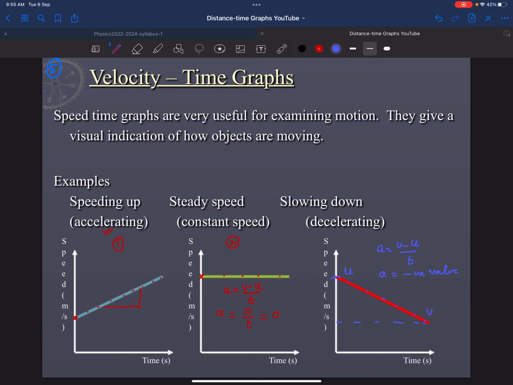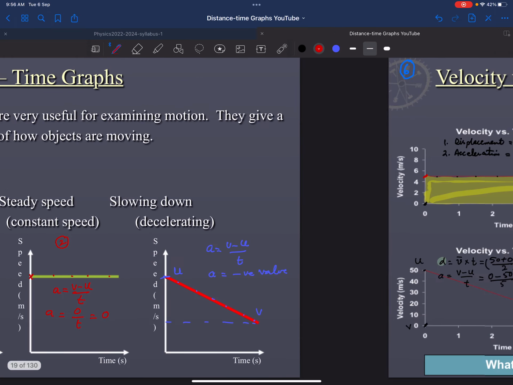You can understand these graphs very easily, but you have to remember that gradient is nothing but the acceleration, and the area under the graph will give you the displacement.